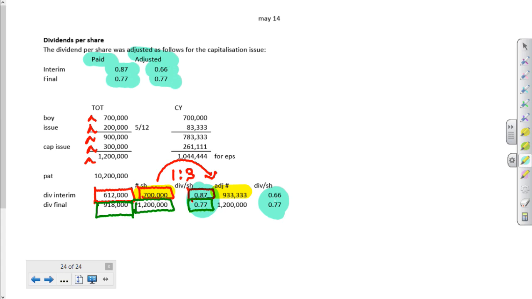It looks better, isn't it? When I look at what I paid, it looks like I've dropped the dividend. I've paid a lower dividend. And remember, with dividends, we do it in MAC 3702. The main aim of a financial manager or director of a business is to not surprise your shareholders, to meet expectations. So don't do things that are too good or too bad. If you think at home with your parents, you don't want to do anything to surprise them, right? You don't want to do things that are bad. So if something bad's coming, you want to prepare them and make sure they know that it's coming.